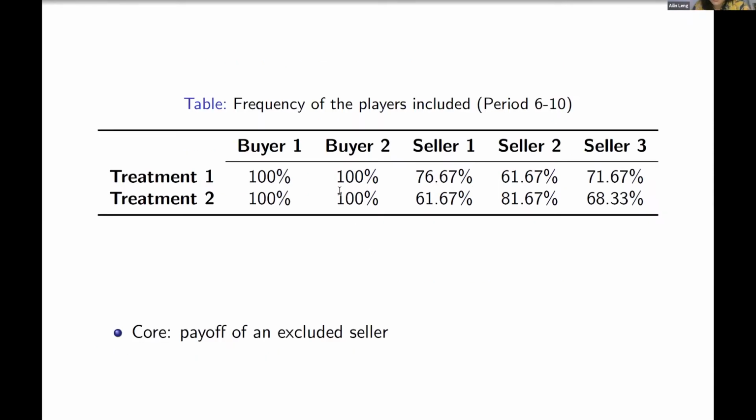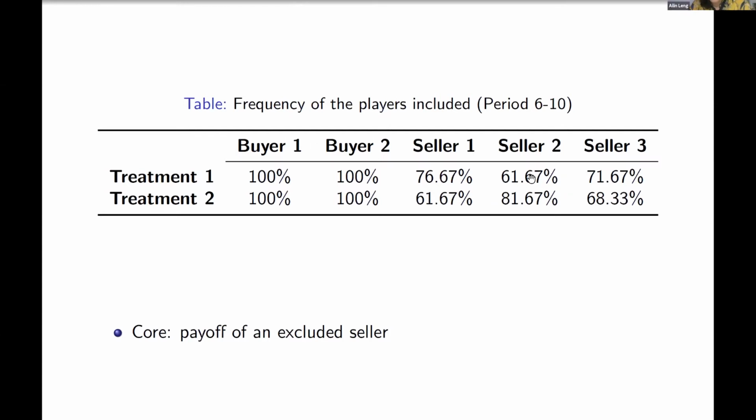So you may wonder about the frequency of each seller being included or excluded. Does the trading barrier have any effect? It seems the trading barrier changes the frequency of seller 1 and seller 2 being included. When the trading barrier is placed on seller 1, its frequency decreases by 15%.